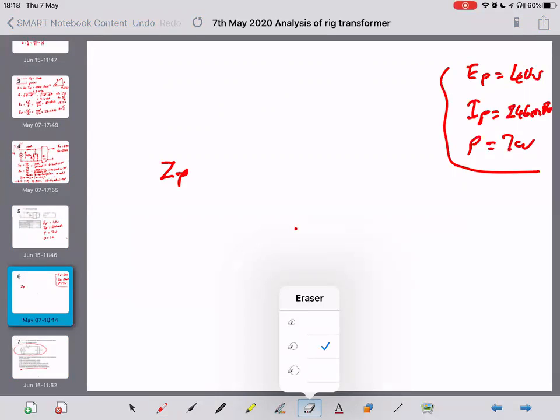Is it 40 divided by 246 milliamps? Yeah. ZP, primary, is EP over IP.